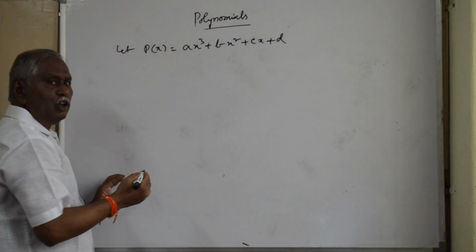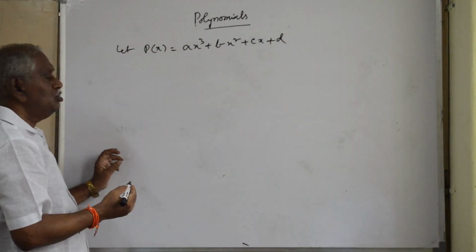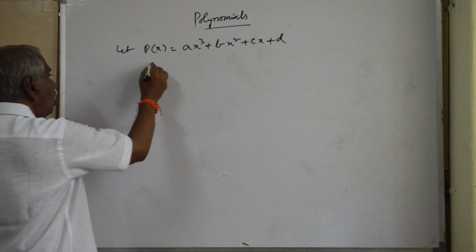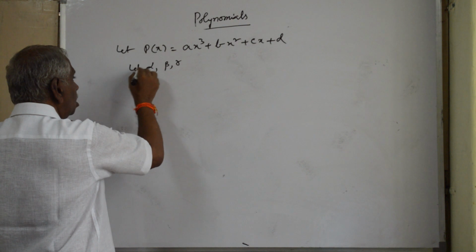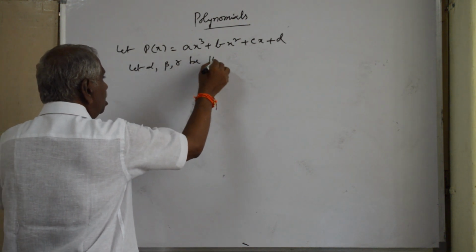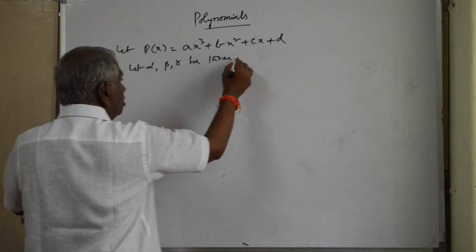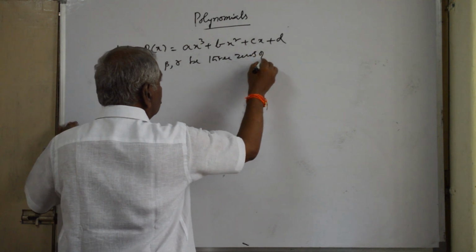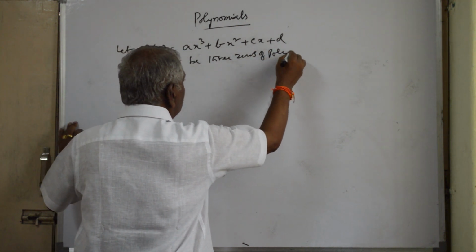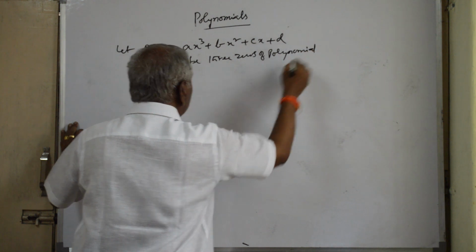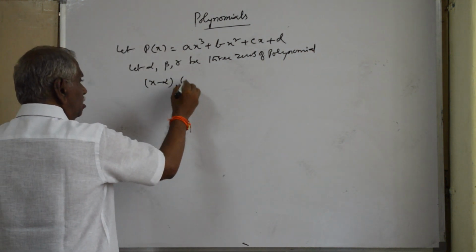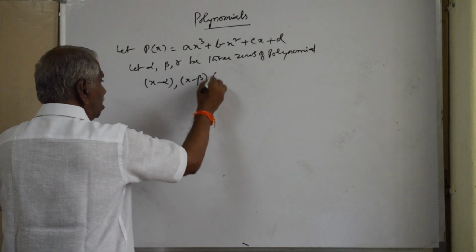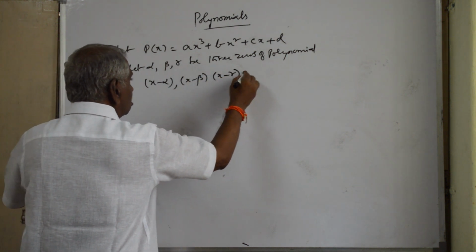It is a cubic polynomial in x. It has 3 zeros. Now let us call them alpha, beta, gamma. Let alpha, beta, gamma be the 3 zeros of the polynomial. Now what are the factors here? x minus alpha is one factor, x minus beta is another factor, and x minus gamma is the third factor. These are the 3 factors.